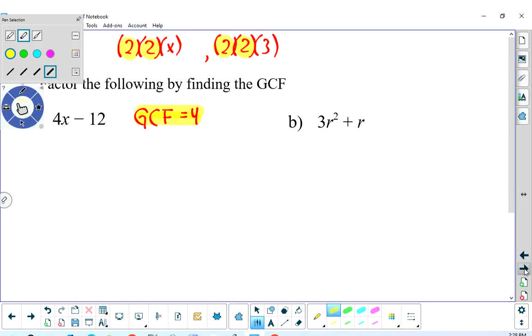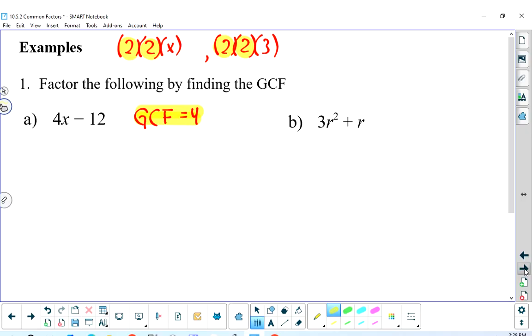That whole bit of business is there to get you to understand what's going on. I would expect everybody to know that the greatest common factor between 4x and 12 is 4.